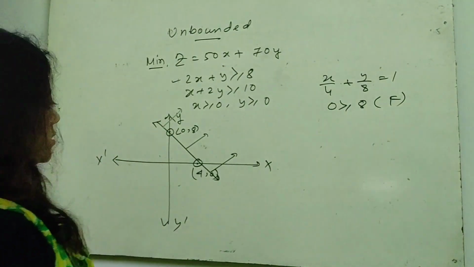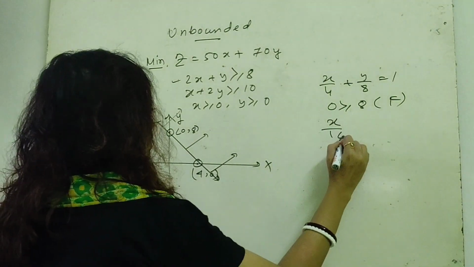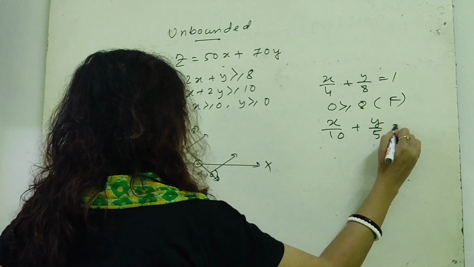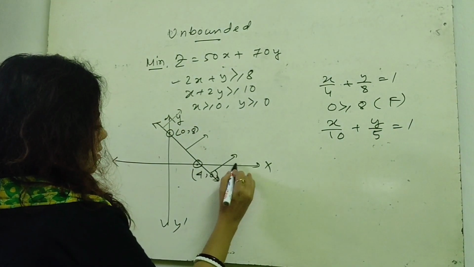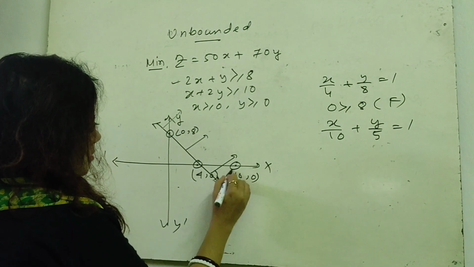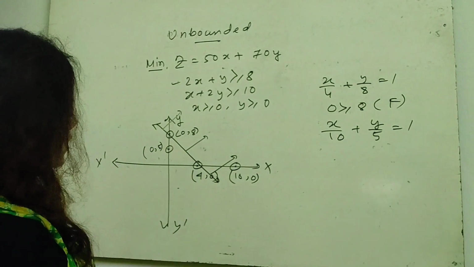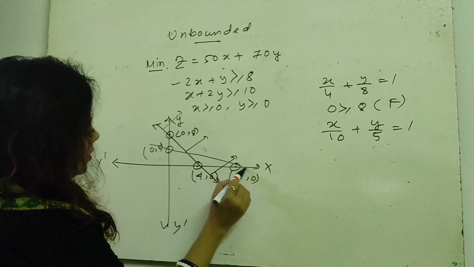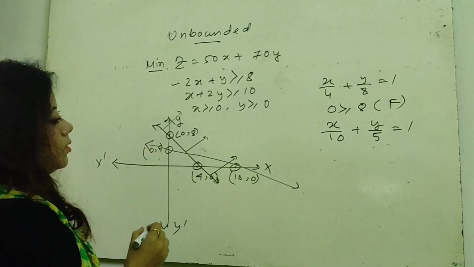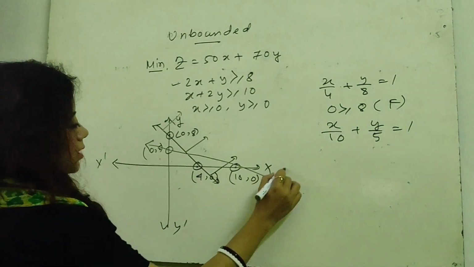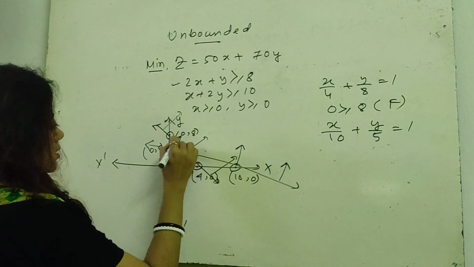Okay. The next one. x by 10 plus y by 5 equal to 1. Suppose 10, 0 and 0, 5. Okay, now join these 2 points. The arrows will be opposite to origin.